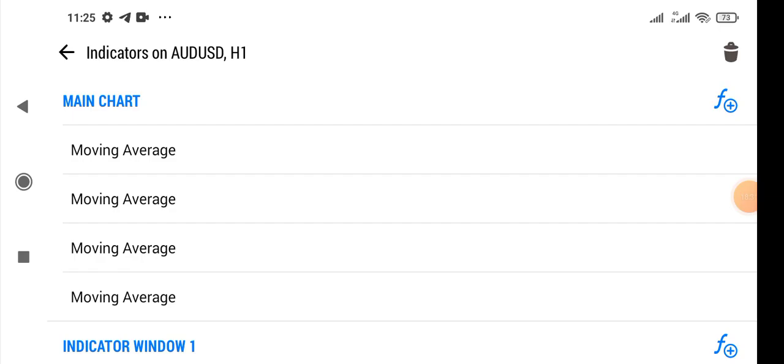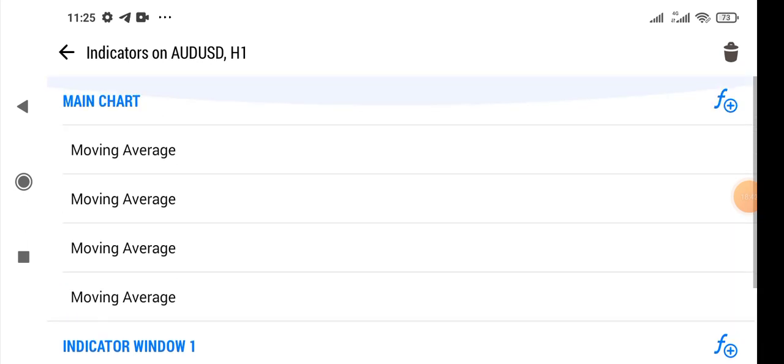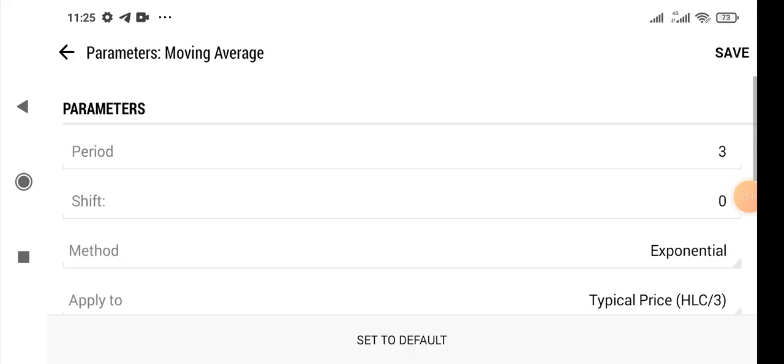So on the main chart we have 4 moving averages. On the indicator window, we have 2 indicators. So the first moving average on the main chart, these are the settings.